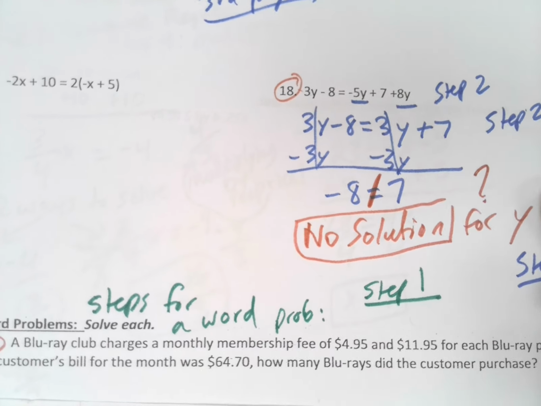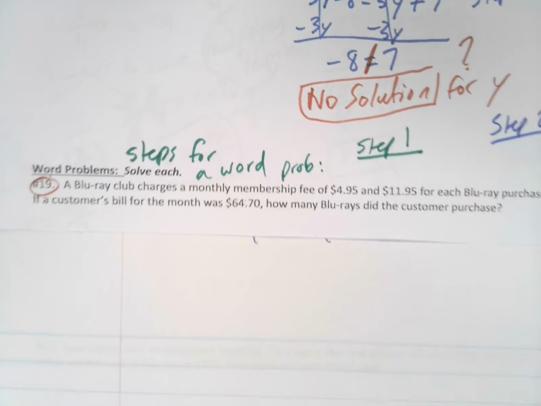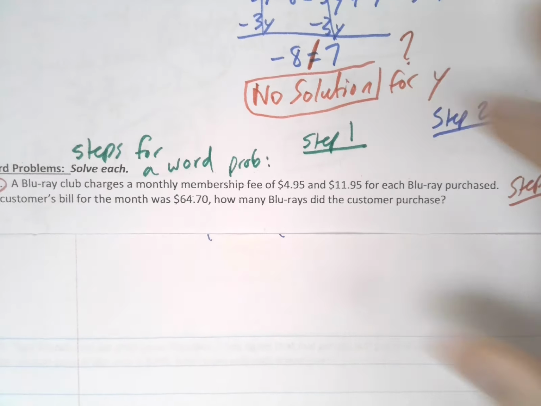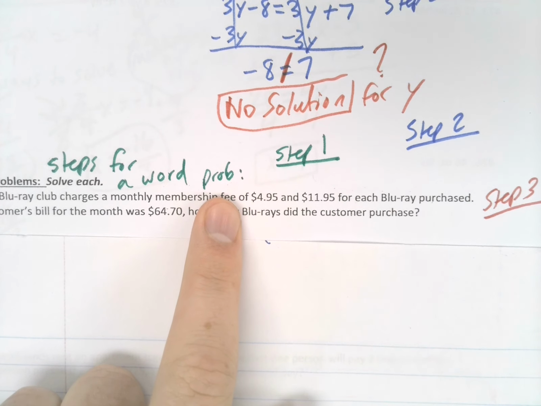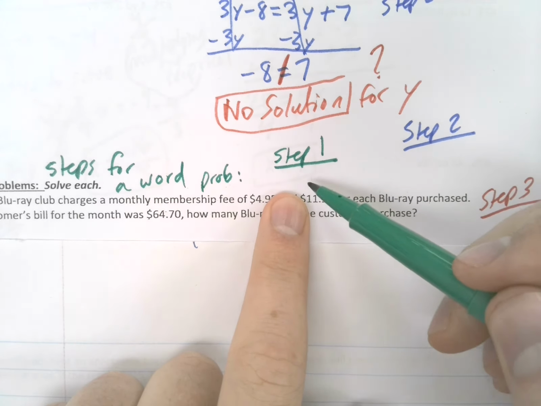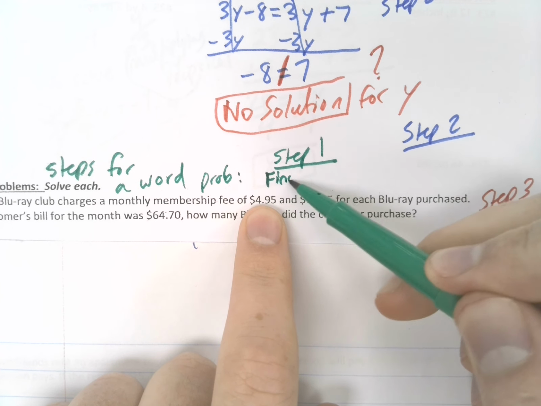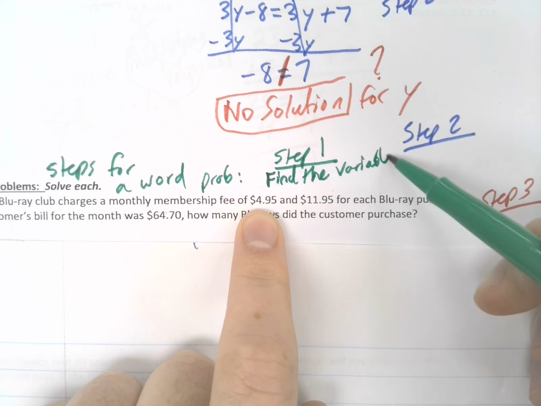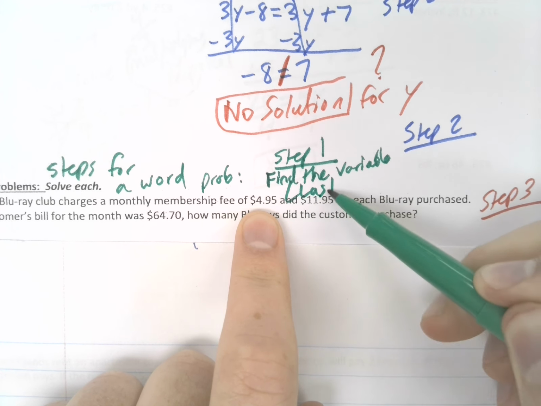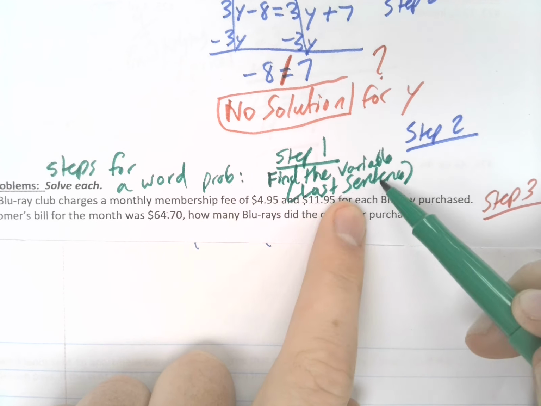How about our word problem? I'm going to zoom out a little bit here. So let's remember the steps to solve a word problem. Step 1, we need to find the variable, and we know that's usually in the last sentence.